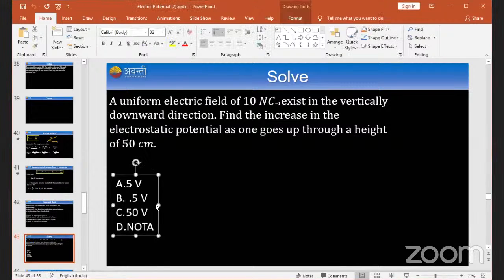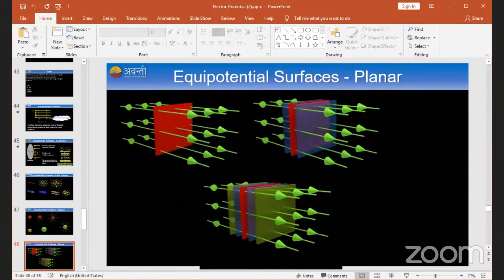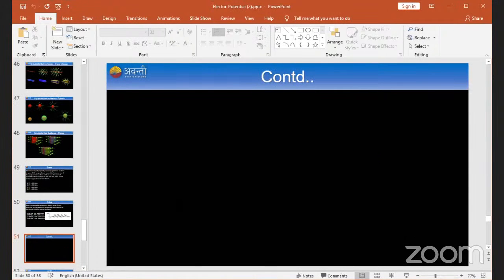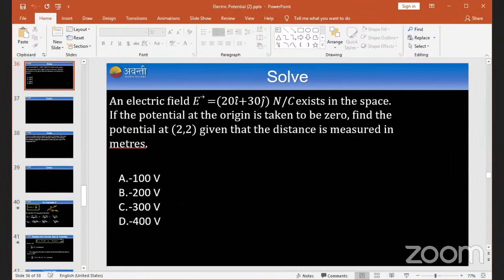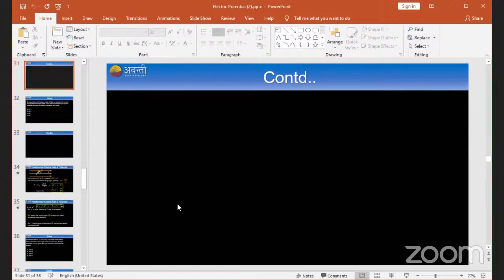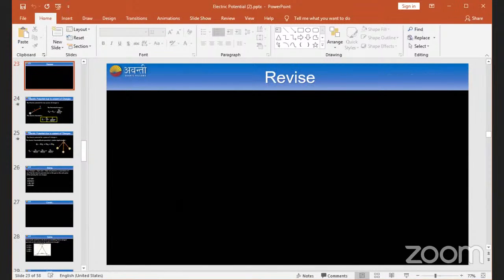Then we'll be finishing this chapter today with problem solving. Once we are done with this topic, we can start with dipoles and dipole moment in upcoming classes.